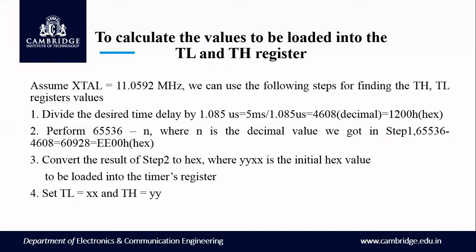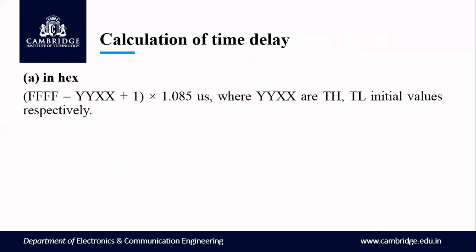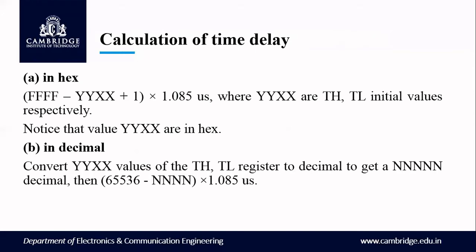That multiplied by 1.085 microsecond generates the 5 millisecond delay. This calculation is very simple. If you want to perform it in hexadecimal, you can do it like this: FFFF minus YYXX, the count, plus 1, multiplied by 1.085 microsecond, generates the desired delay. If you want to calculate in decimal, you do it the same way: 65,536 minus the count in decimal, multiplied by 1.085 microsecond, generates the desired delay.